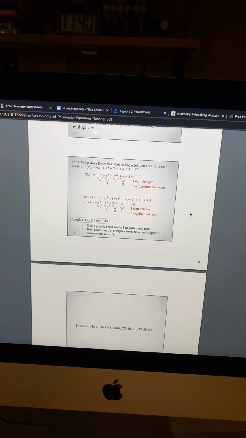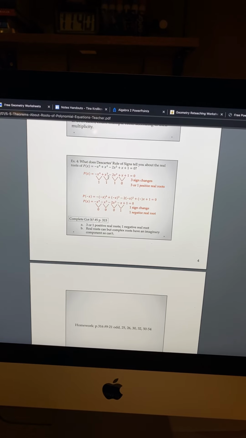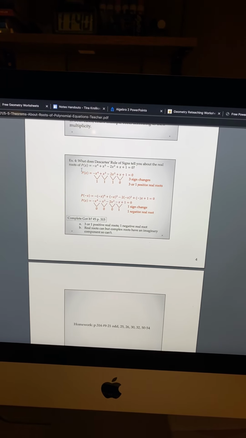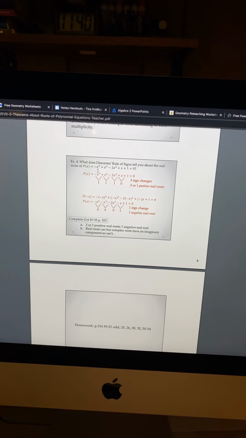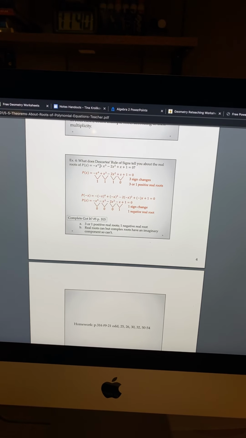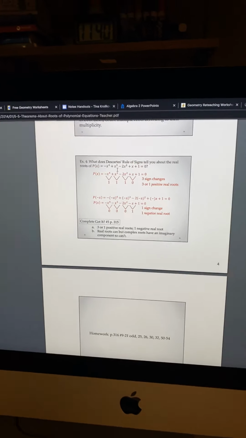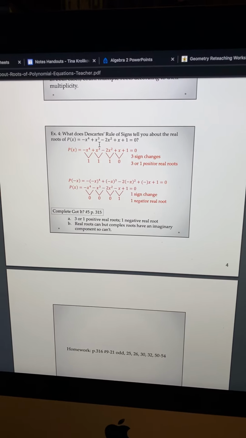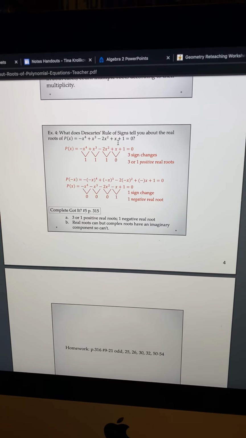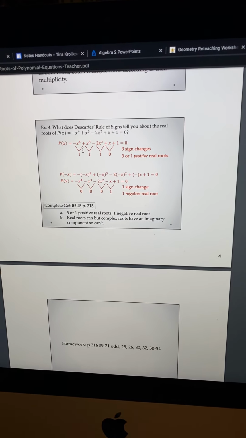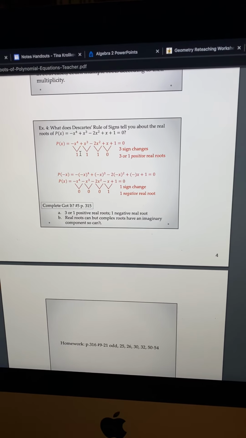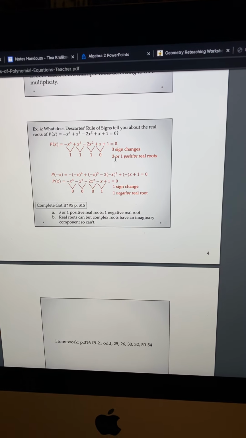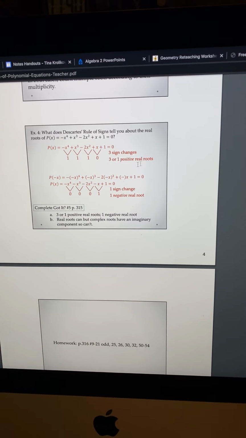Okay, you see this example. What does Descartes' rule of signs tell you about the real roots of P of X equals negative x to the 4th power plus x cubed minus 2x squared plus x plus 1 equals 0? So, 3 sign changes, 3 or 1 positive real roots.